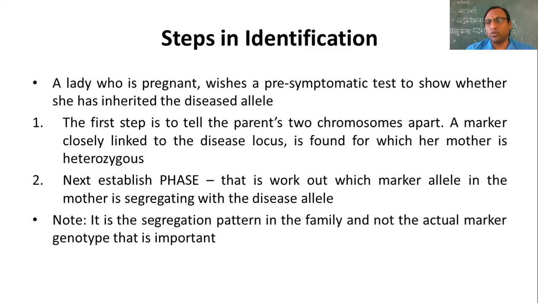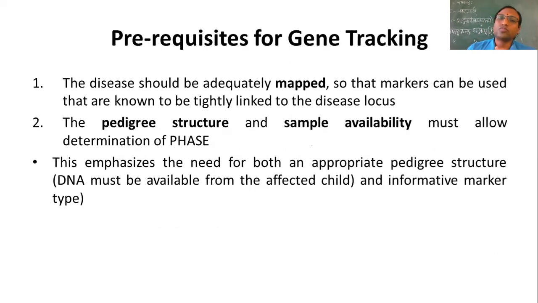We have to note that it is the segregation pattern in the family and not the actual marker genotype. That is important. Both parents have to be analyzed for this disease allele, and then, based on that marker, the prenatal screening of the child has to be done.